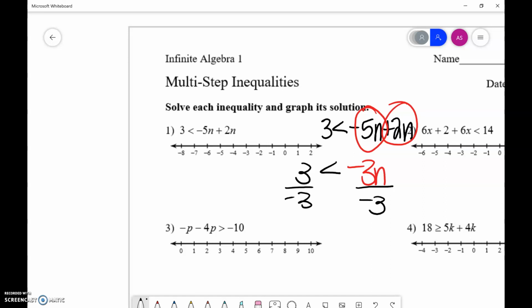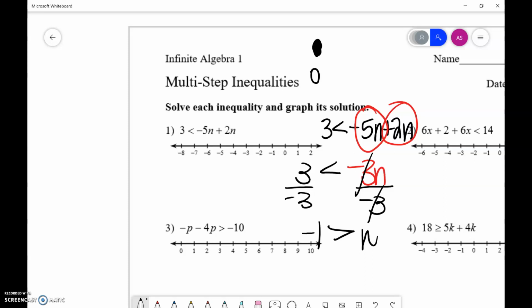And since I'm dividing by a negative, my sign is going to switch. So if I started off with less than, it's now going to be greater than. My 3's will cancel out here, so I'll be left with n, and 3 divided by negative 3 is negative 1.